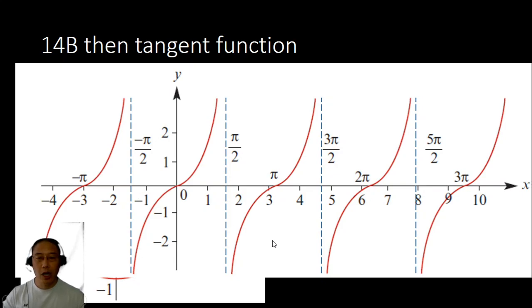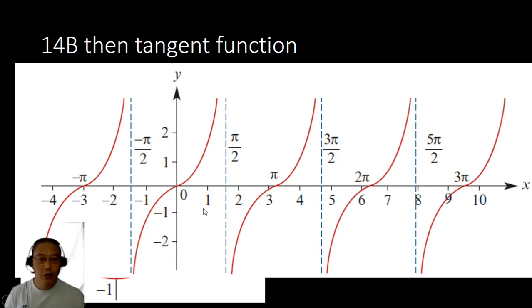You also have the y values going from negative infinity to positive infinity, that is your range. With your domain, it's going to be R excluding your asymptotes, and those asymptotes have the equation x equals pi on 2 plus a multiple of pi, and that can be summarized as a condensed formula.